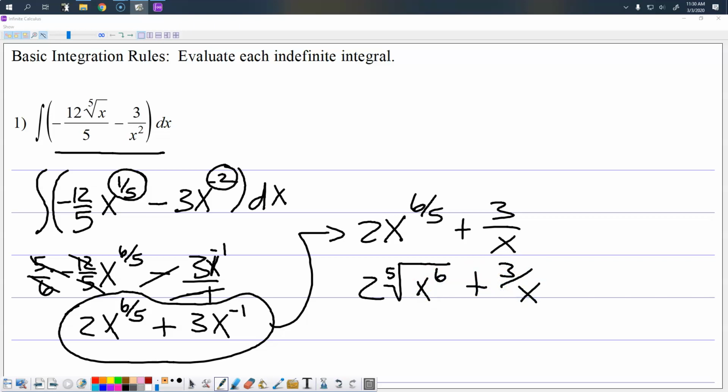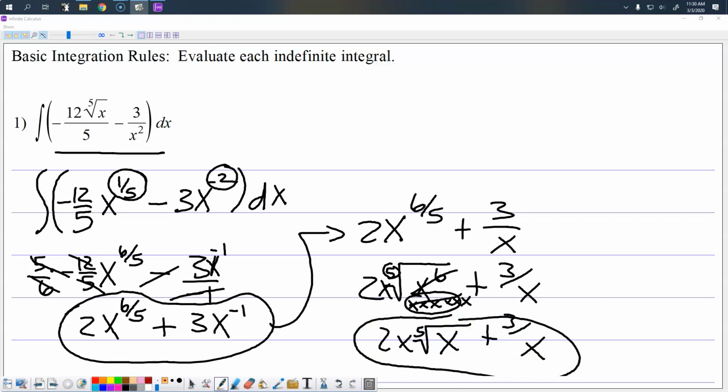And technically, if they wanted to write it like that, since there's 6 x's in there, you could take out groups of 5, right? That's how you do a root. So you can take 1 x out for every group of 5. I doubt they're going to do this, honestly. But those are possible answers there.